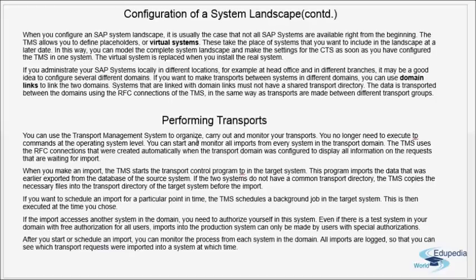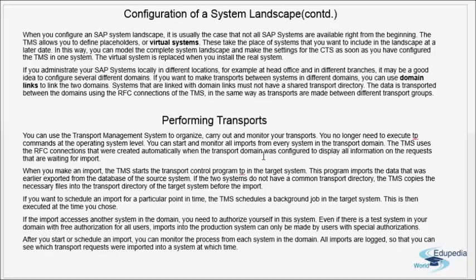Now, performing transports. You can use the transport management system to organize, carry out and monitor your transports. You no longer need to execute the TP commands at the operating system level. The transport management system, the TMS, takes care of everything about the import and the monitoring of transports. So this TP is nothing but the transport protocol commands.